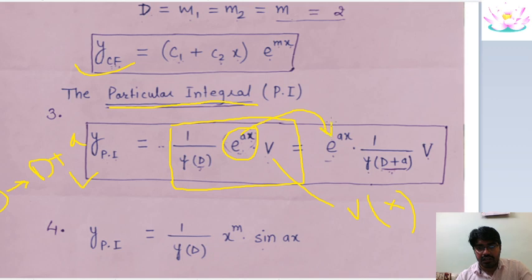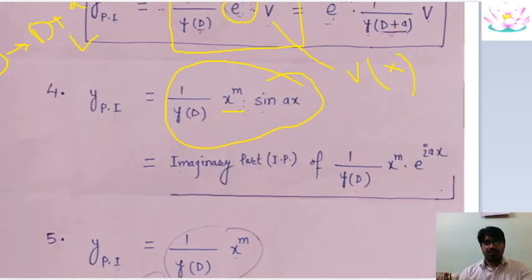Now coming to the next formula. When this kind of expression is given, where the exponential of some real term is in multiplication with a sine or cos term, then the imaginary part or real part is taken.